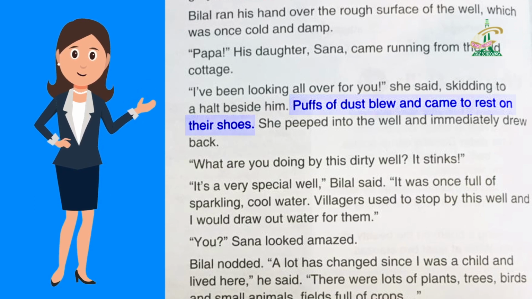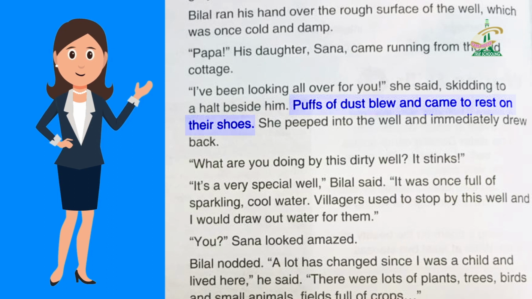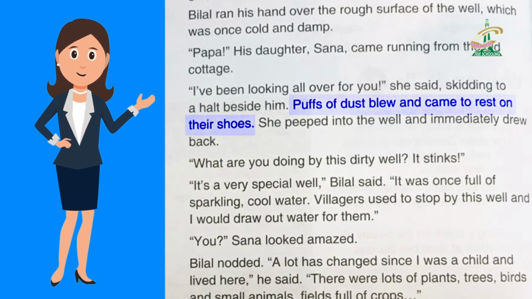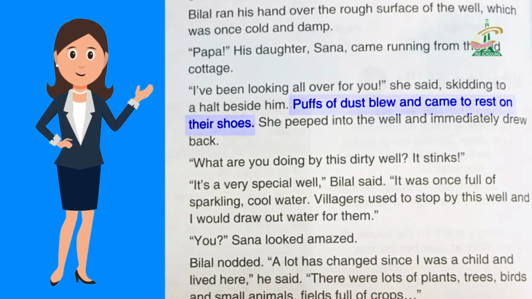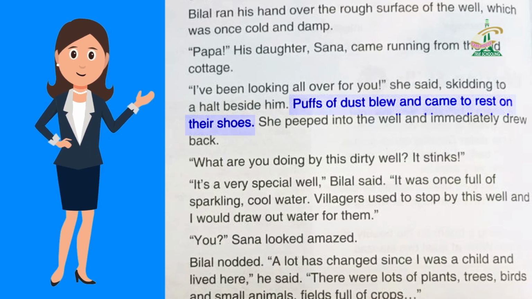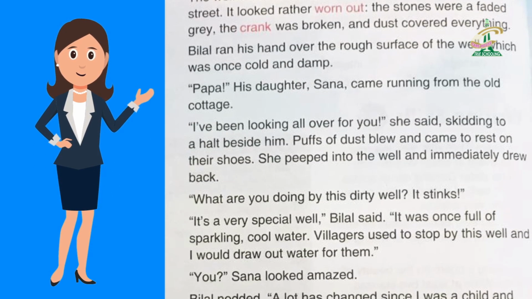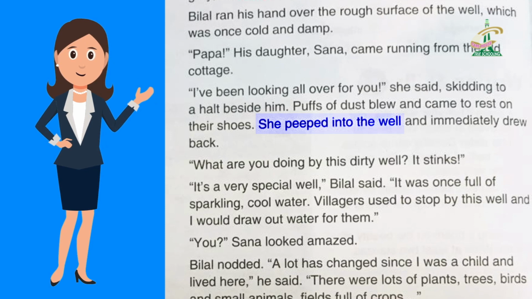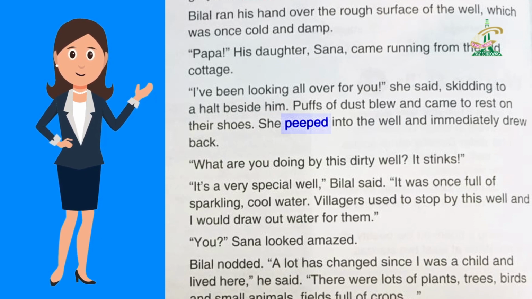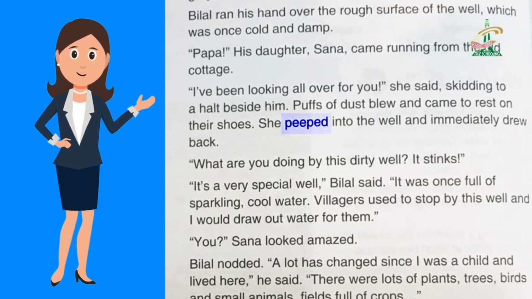As I told you above, there was dust everywhere on the well, dust covered everything. So dust blew and came on their shoes. She peeped into the well. Peep means to look quickly or suddenly inside something.